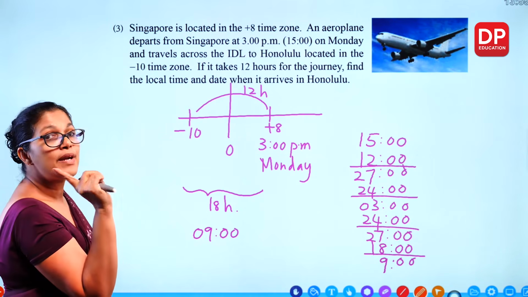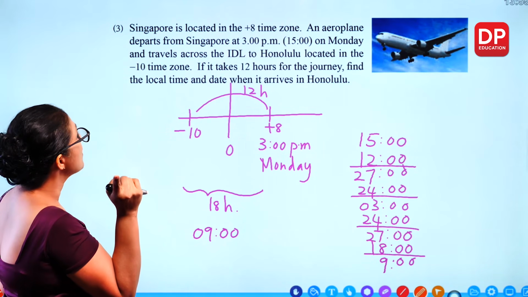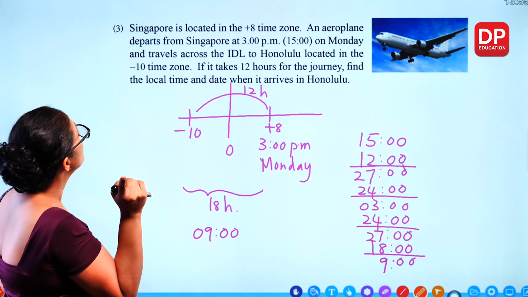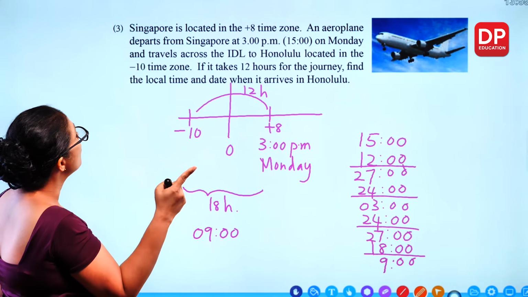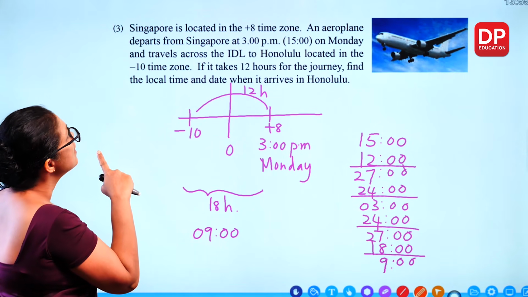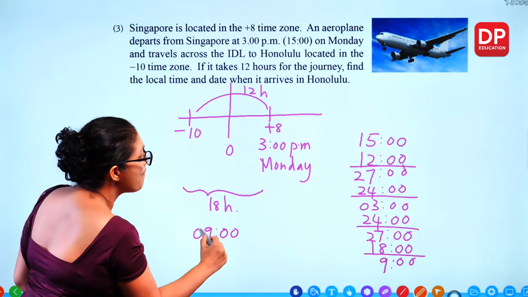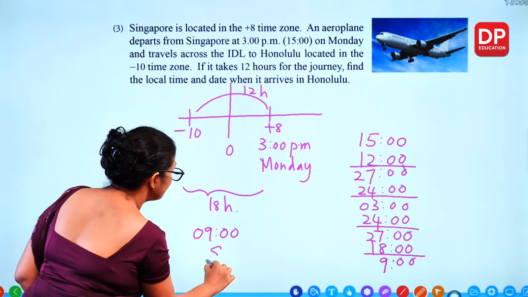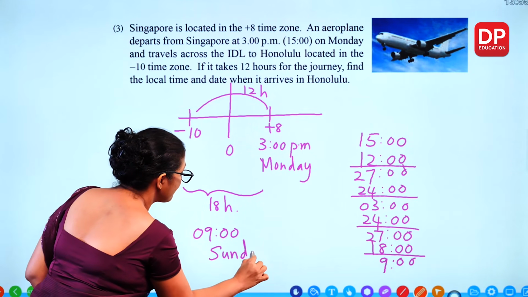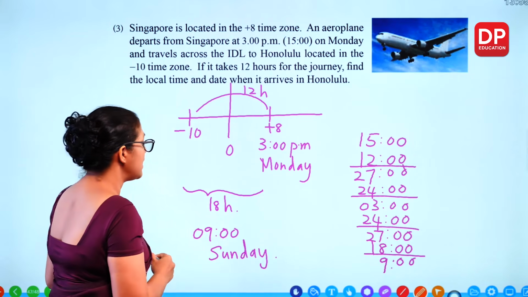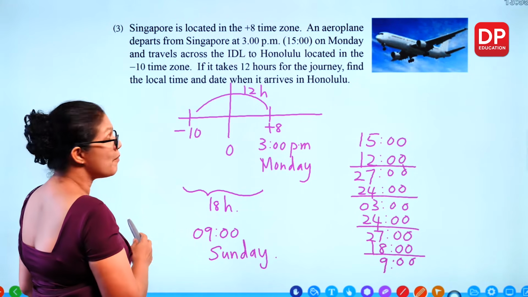So that means previous day. So what's the day? Monday before, and this becomes Sunday. Sunday morning, 9 in the morning.